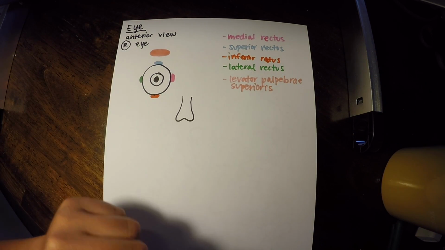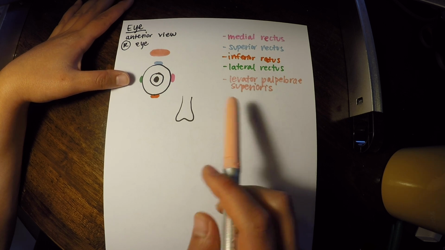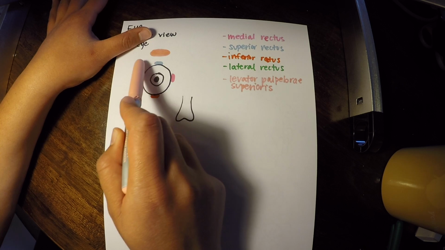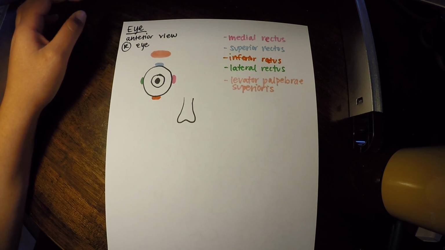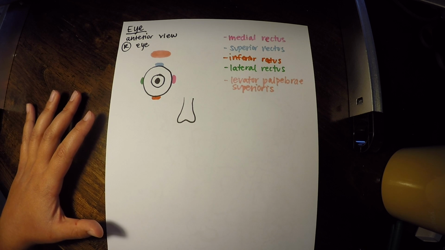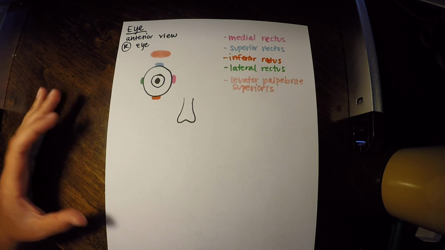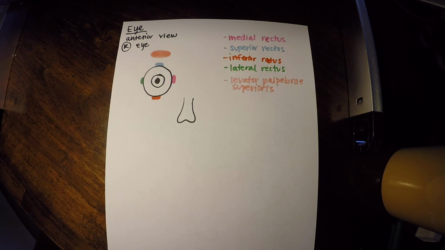And that is yet another muscle innervated by oculomotor or cranial nerve number 3. What that does is it raises the eyelid. So if you picture your eyelid right here, it's going to raise it up so you can open your eye. Remember, that's kind of the opposite of what our other face muscle did, the orbicularis oculi, that helped close your eyes. Now this helps open up your eyes.